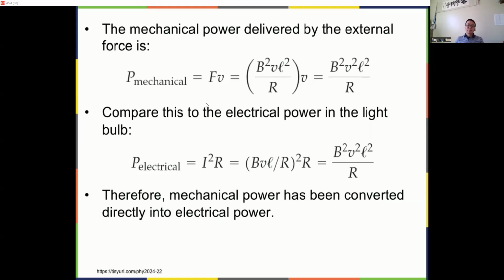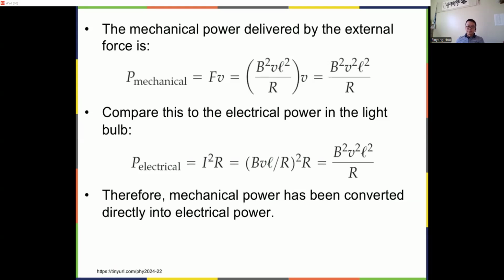Now compare this to the electrical power that is produced in the circuit, which is consumed by the resistor. The electric power will be equal to I squared times R, or you can do V squared over R, which is epsilon squared over R, or you can do I times epsilon. Either way, they will give you the same answer. All these three expressions will give you the same answer at the end.